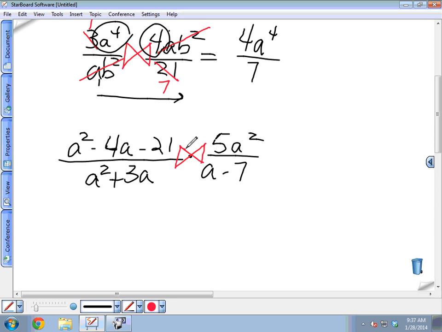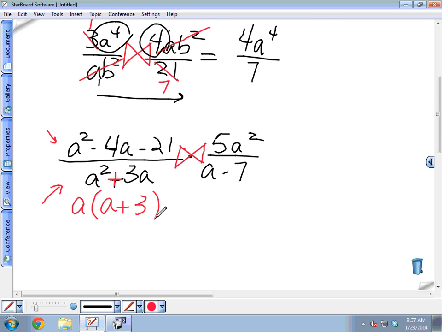So now I'm going to look at these two over here, and make sure that I can take some things out. I've got a squared plus 3a. When you have addition with only two terms, you cannot factor unless you use the distributive property. So this is a times a plus 3.